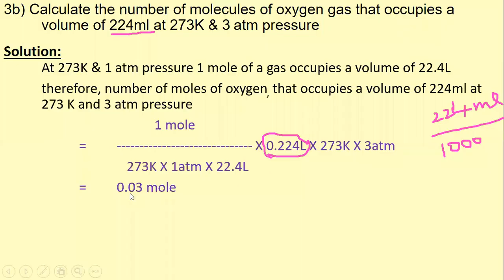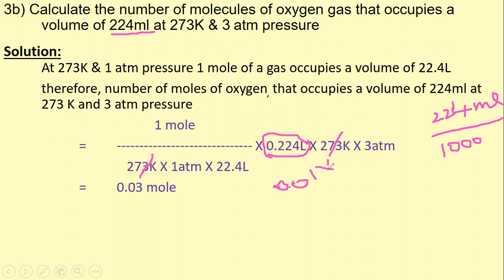We get the answer 0.03 mole. That is simply, this 273 Kelvin gets cancelled, and this 0.224 liter divided by 22.4 liter will give you 0.01 mole.